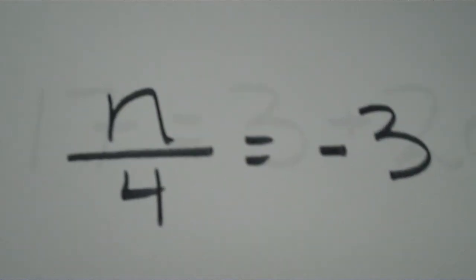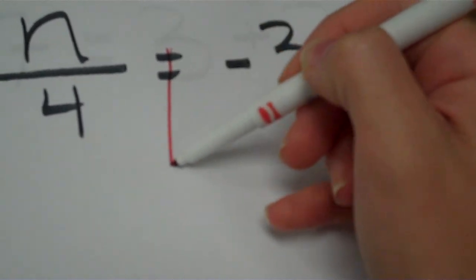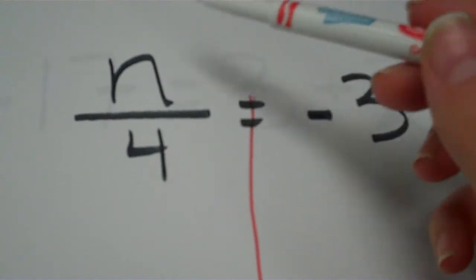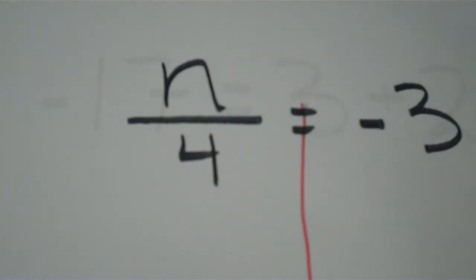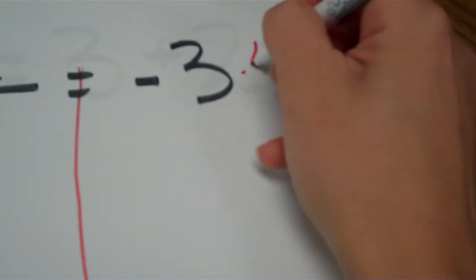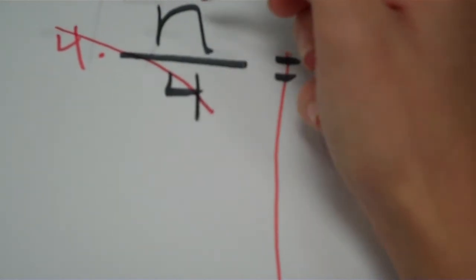All right. This one's actually really easy. Pause it, write it down. Who are you? You're N. And 4 is your best friend. Now, there is no other guy hanging out with you, right? Like, it's just 4. So we're going to get rid of the 4. The opposite of dividing by 4 is multiplying by 4. Because the opposite of dividing is multiplying. That goes away.